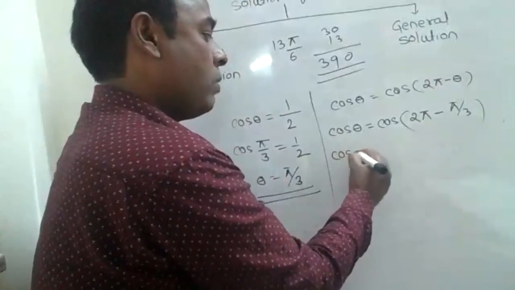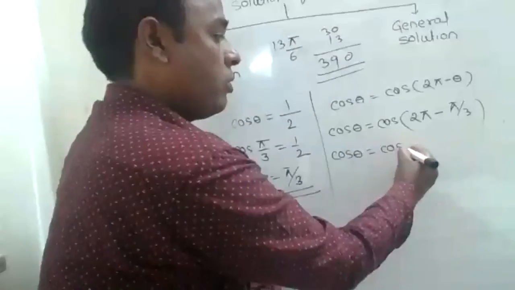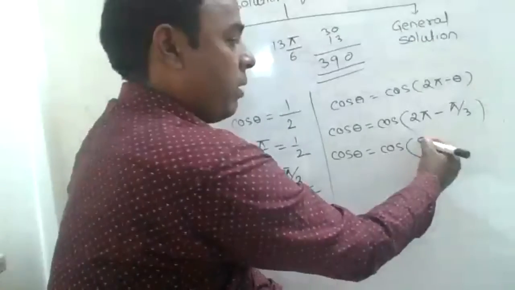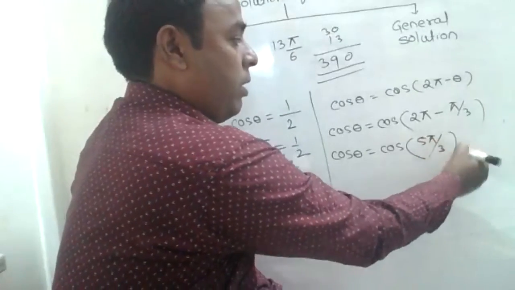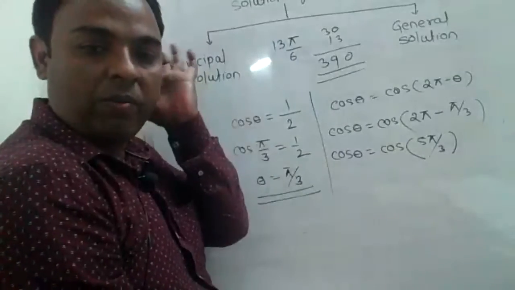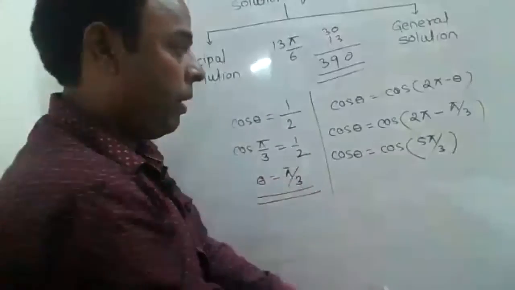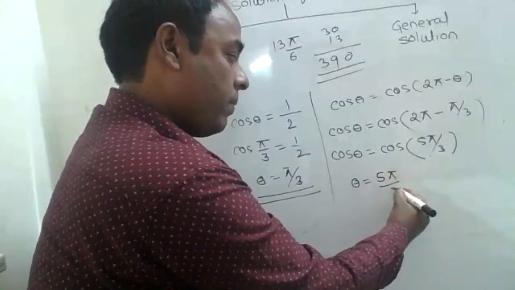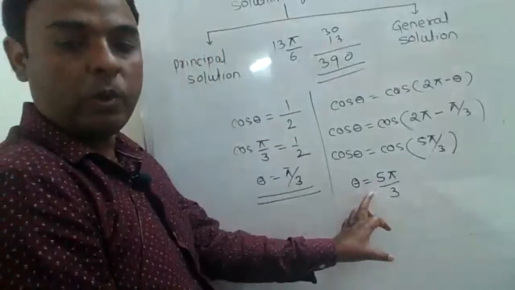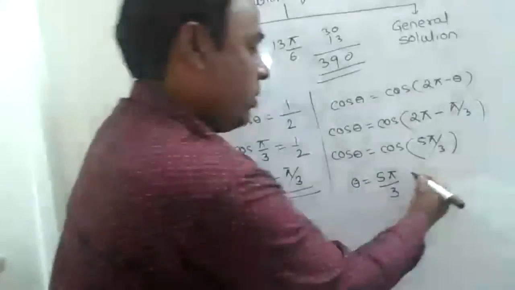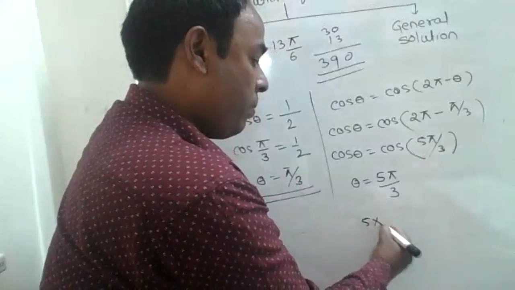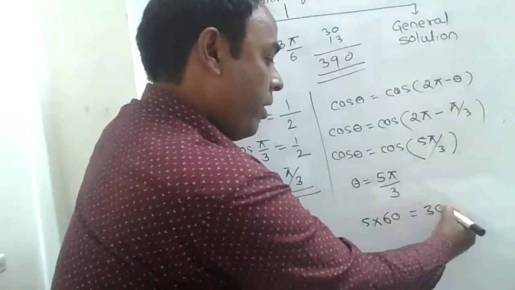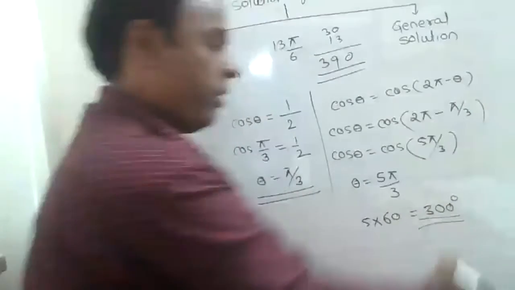So therefore cos theta is equal to cos of 6 pi minus pi, 5 pi by 3. So theta equals 5 pi by 3. मित्रांनो हा प्रिन्सिपल सोल्यूशन आहे का चेक करायचं आहे आपल्याला. So how to check? 5 into pi by 3, that is 5 into 60, is equal to 300 degrees.